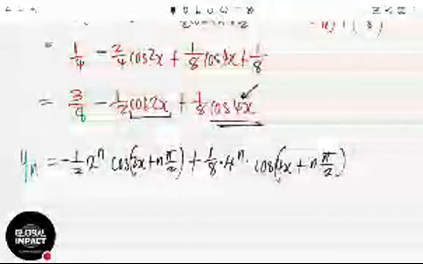The 4 cases, if you know them, you can find for this. Sine ax plus b. Go and do this one. It's the same thing. We just did it.